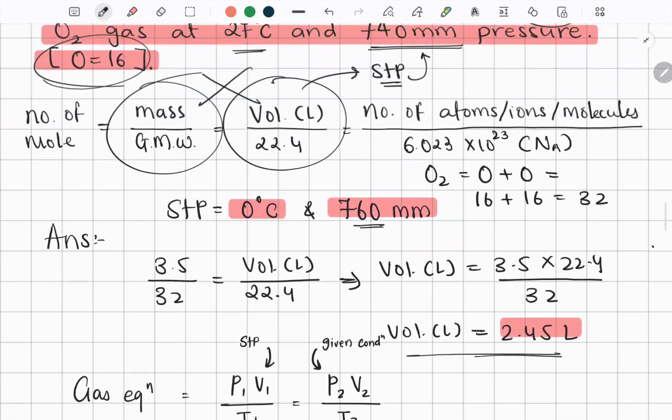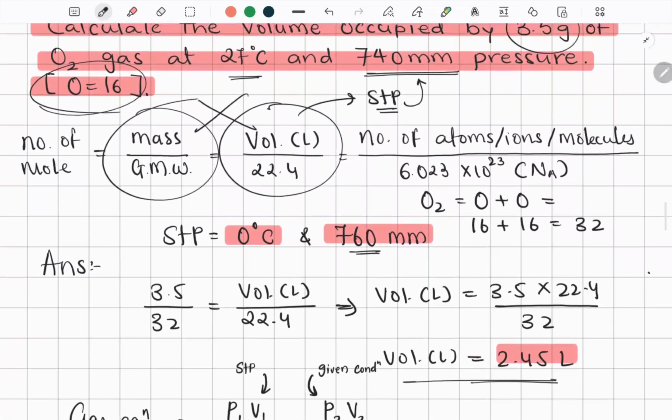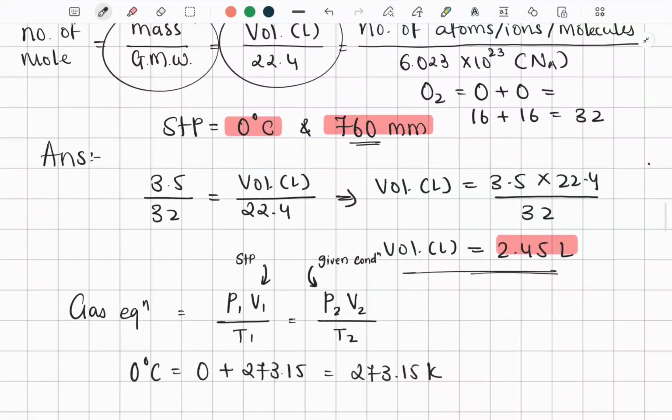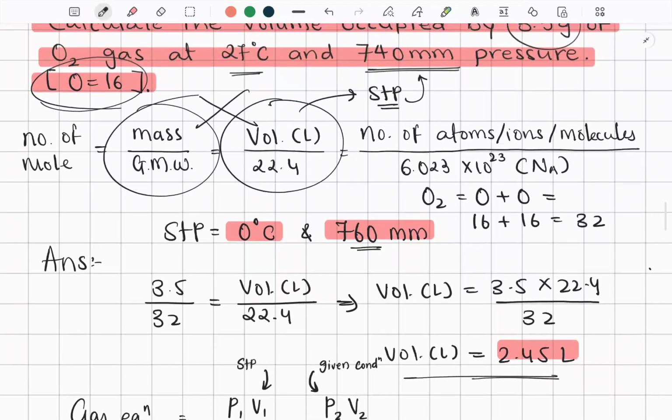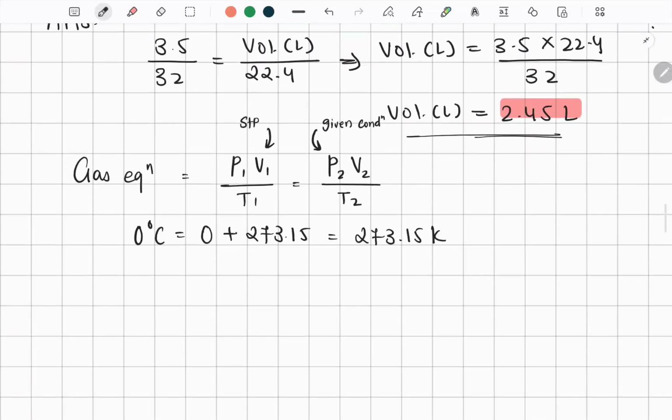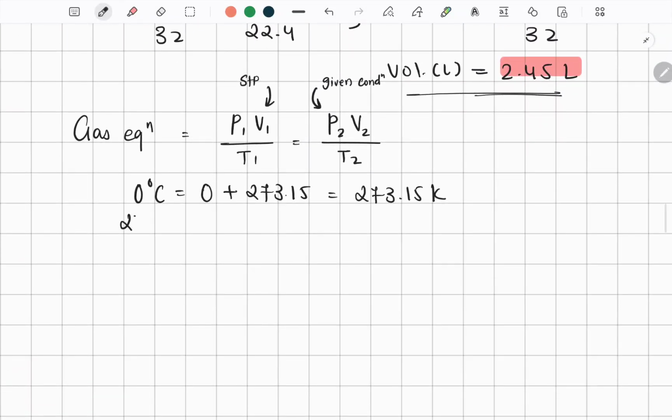Okay, do we know the P2? Yes, it's 740 mmHg. Okay, V2, that's the V2 which we have to calculate, and the T2 is 27 degrees Celsius, which is given. Again, we cannot use the degree Celsius. Then what should we do? Correct.